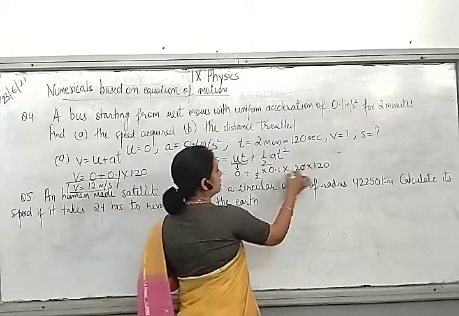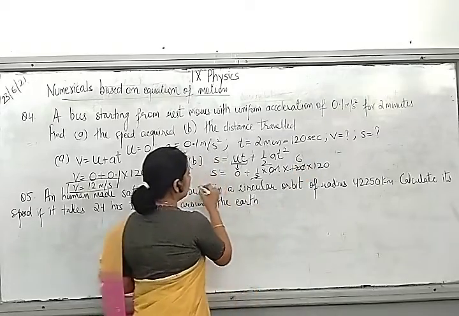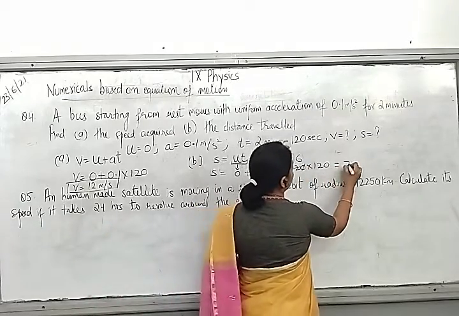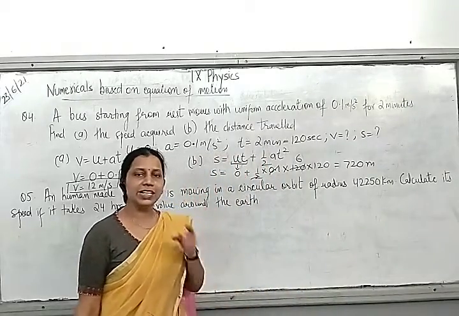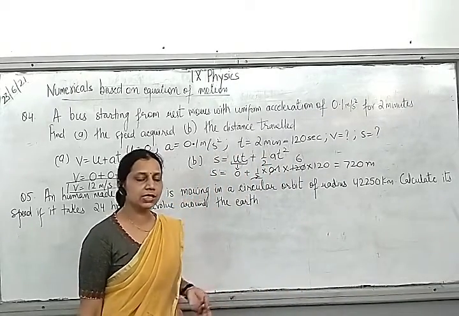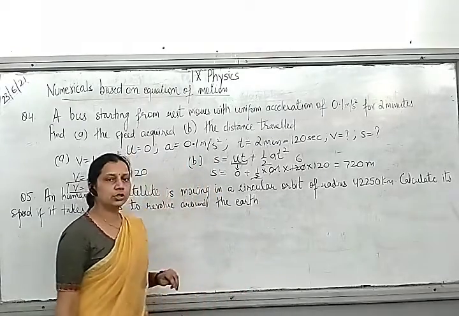This 0 will cancel with this, and 2 I can cancel with 6. If I multiply, I get 720 meters. So this is the answer. And you can cross check this answer by using third equation of motion. Hope this is clear to you.